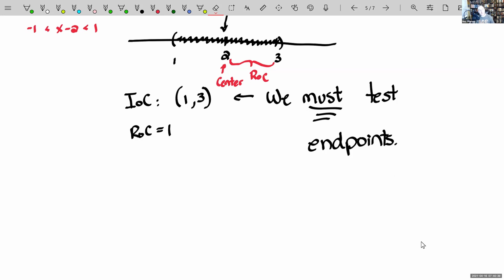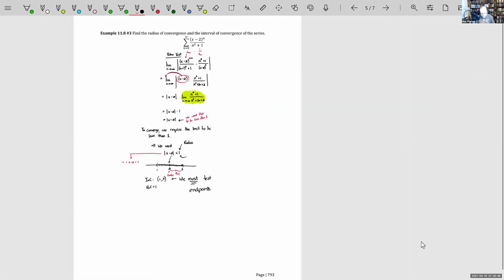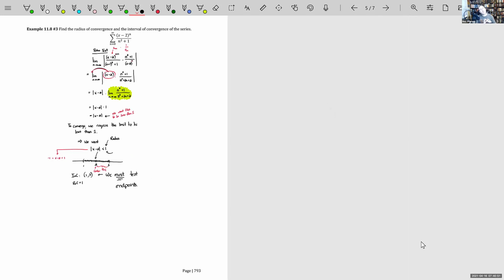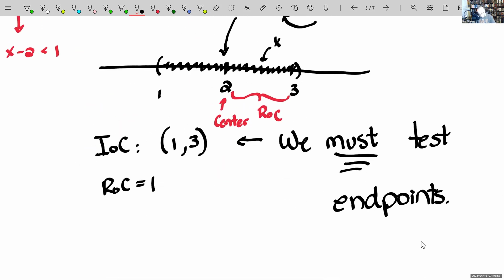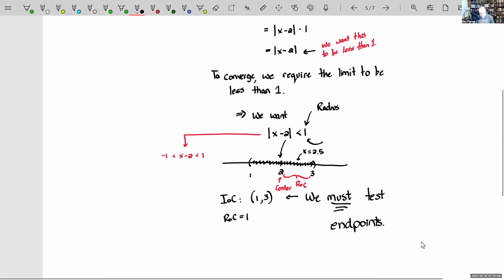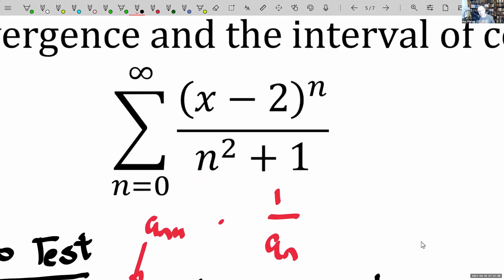We're going to go ahead and test those endpoints. How do you test those endpoints? And really, why do you even bother testing those endpoints? Well, the reason is that you're guaranteed that, for example, if x were 2.5, as long as I add up an infinite number of terms, this series will converge to a finite value.